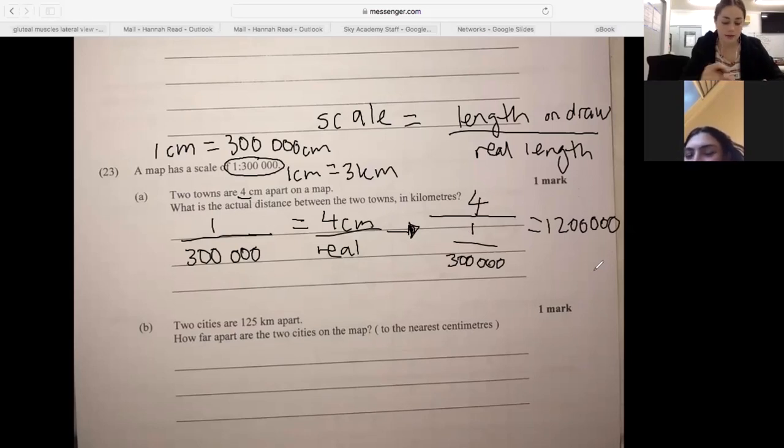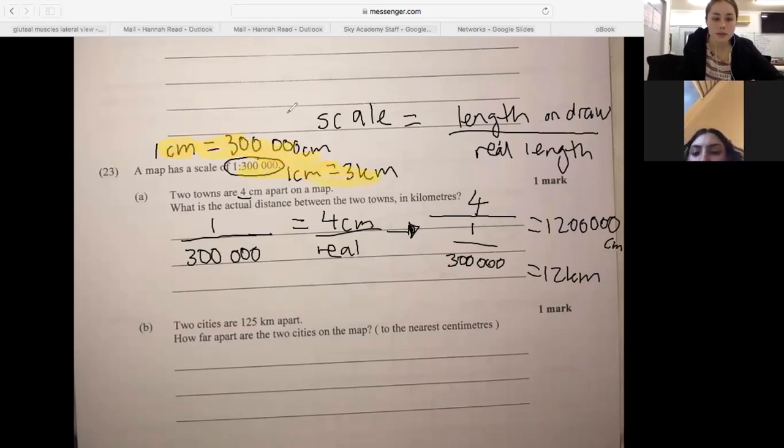Then if I divide that by 100, and divide by 1,000, it'd give me 12 kilometers. That's how many centimeters it equals: 12 kilometers. So that's the actual distance between the two towns. So you can use that formula if you want to. Does the formula make sense how I used it? Yeah. Cool.